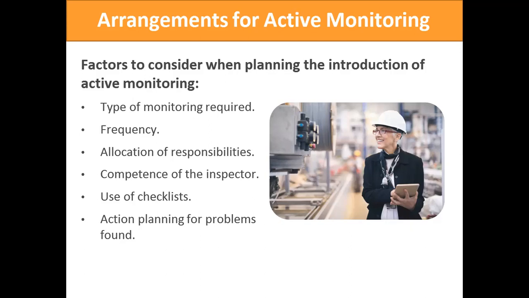Allocation of responsibilities: the person who is responsible for doing this inspection, and for all people we will also mention what their responsibilities are for this inspection. Then competence of the inspector who is doing this inspection; that person should be competent.